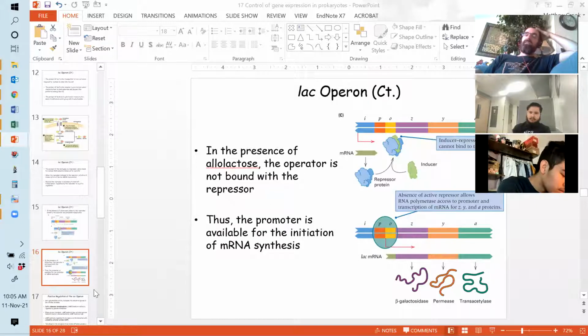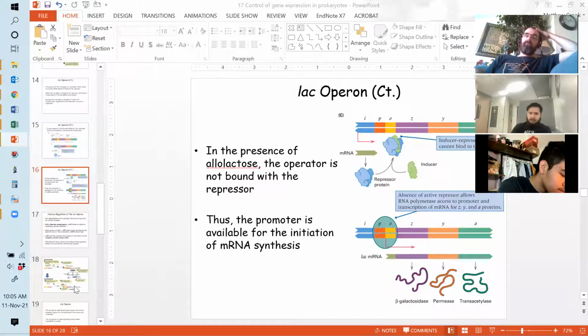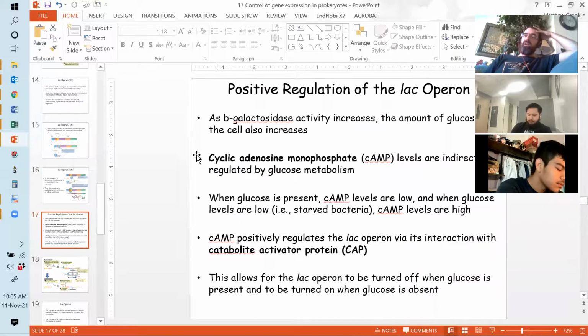And so the bacterium needs some way of detecting glucose levels. And this is done via an intermediate, well, not even, no, intermediate's not quite the right word. A secondary metabolite called cyclic AMP.